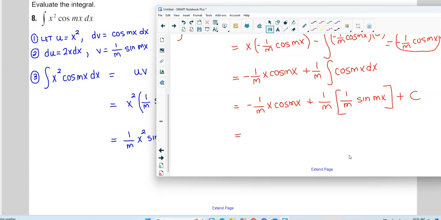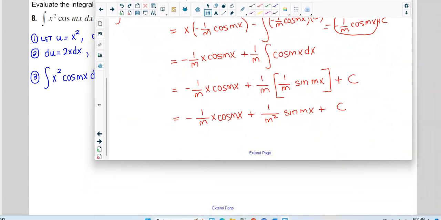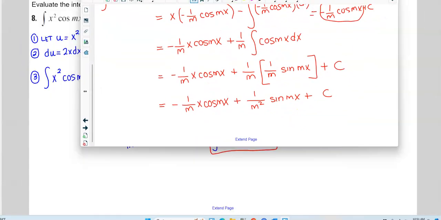Now let's distribute that 1 over m, so we get negative 1 over m times x times the cosine of mx plus 1 over m squared times the sine of mx plus c. So now we're going to go ahead and substitute.